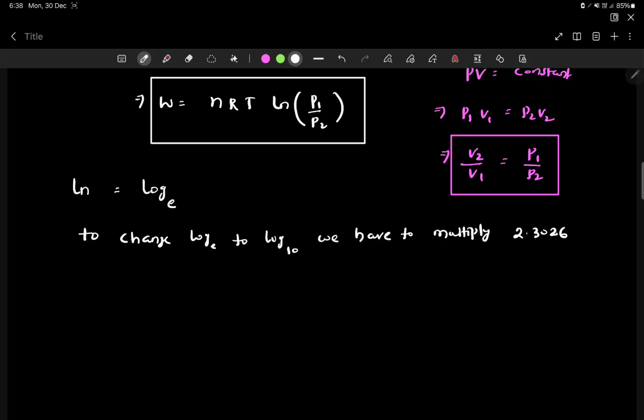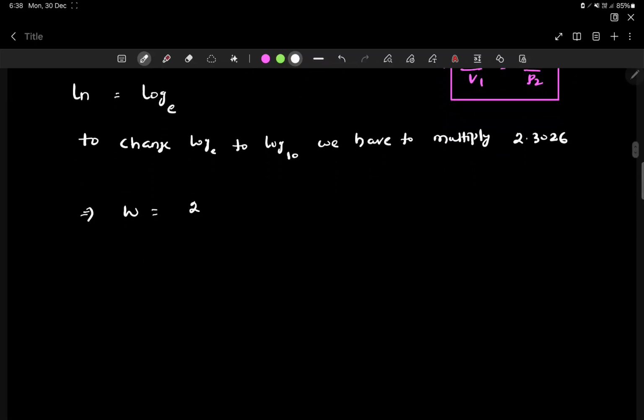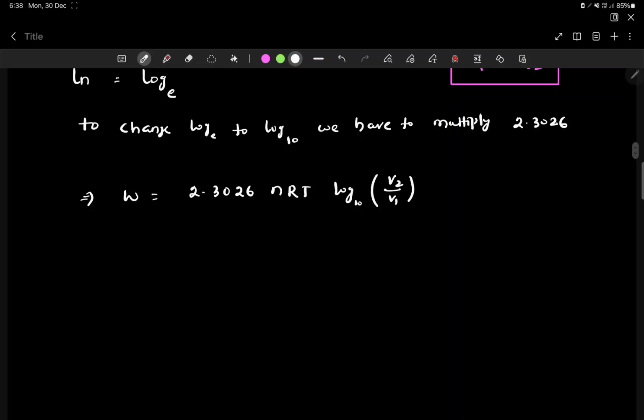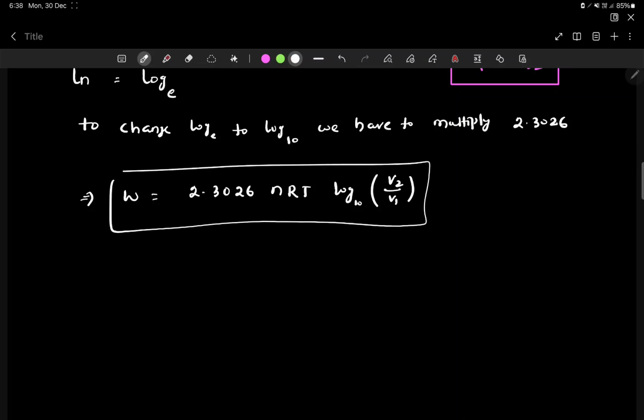So if we convert ln to log base 10, our expression will be W equals 2.3026 nRT log base 10 V2 by V1. And instead of V2 by V1 we can write P1 by P2.